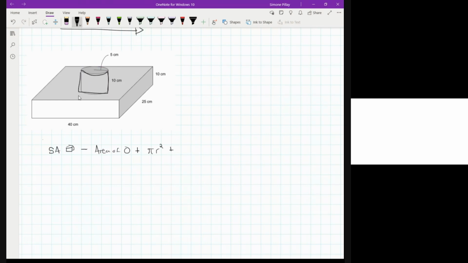One of its lengths would be 10, the height of my cylinder. And then the other side of it will be equal to the circumference of the circle, and the circumference of the circle would be 2 pi r.